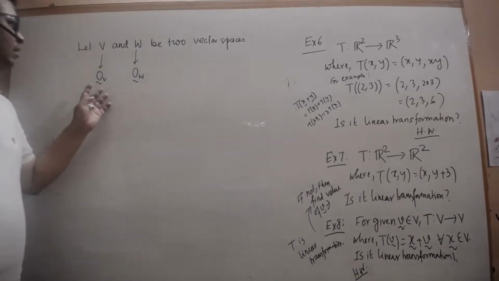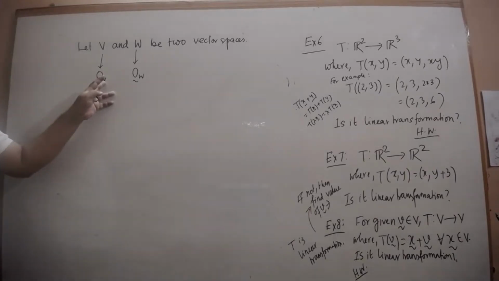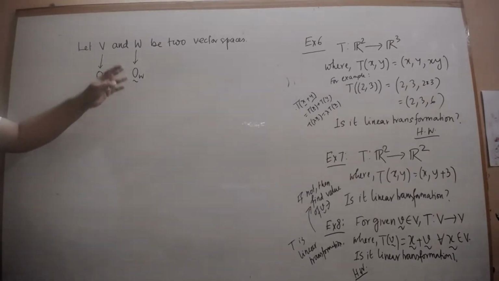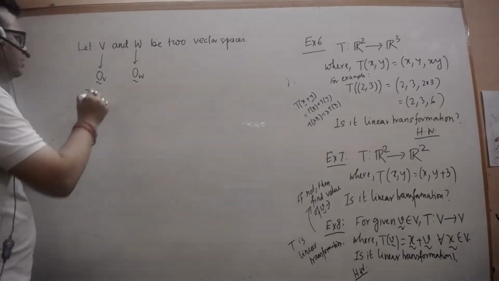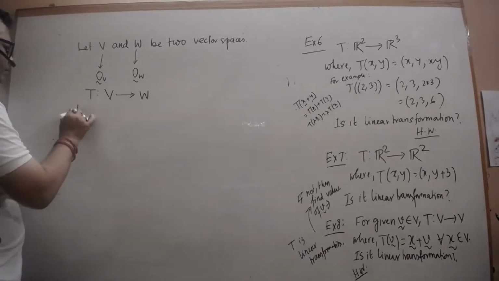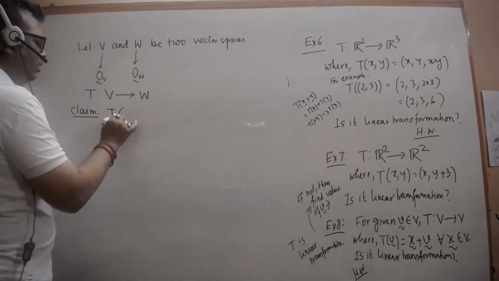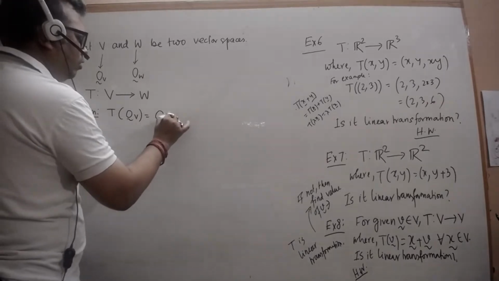For that reason, I denote the null vector of V by O_V, where V is the suffix, and O_W is the null vector of W. Now the claim is, suppose I define a linear transformation T from V to W, then T(O_V) gives O_W.